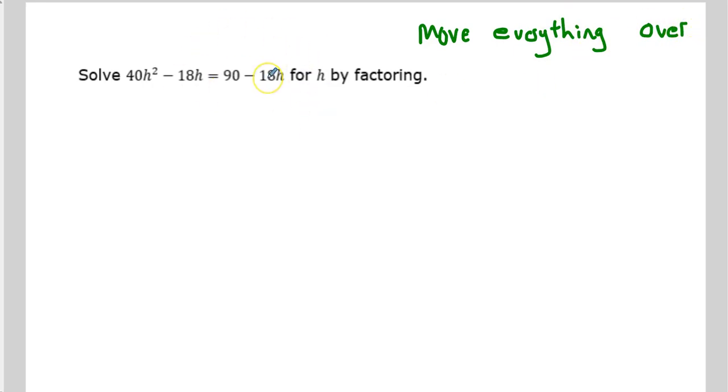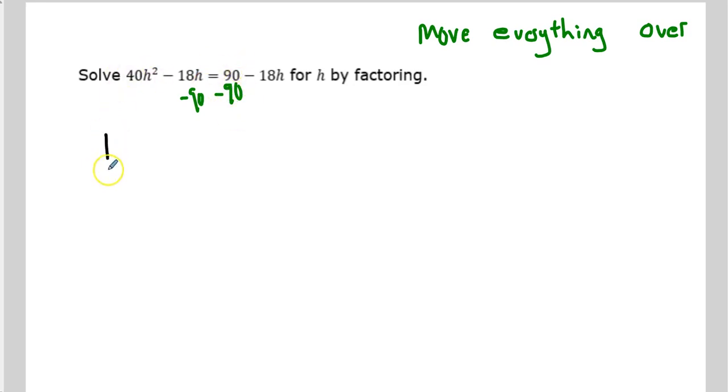Make sure the right side of the equation is equal to 0. So I'm going to subtract 90, and I'm going to add 18h. Here, we'll even do them in separate steps. You can do them together if you like, but we'll do them separately just to show what's going on.